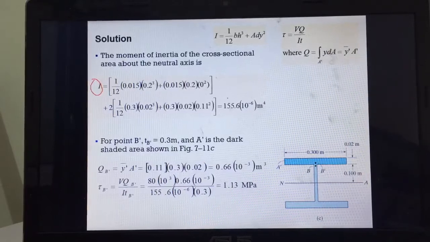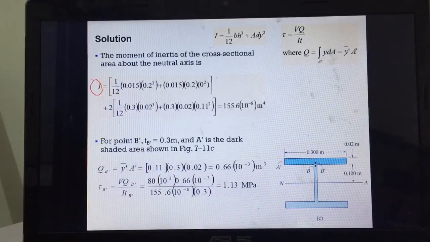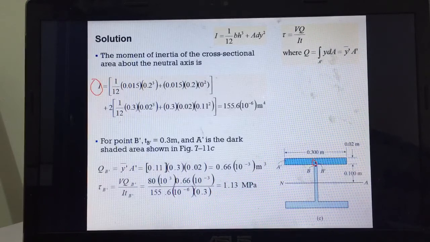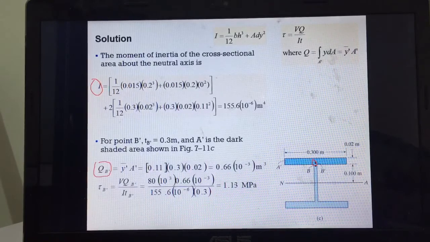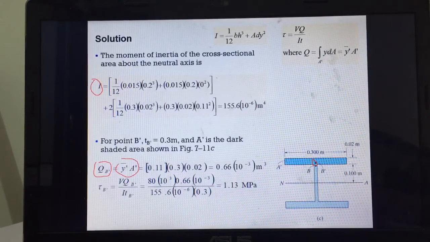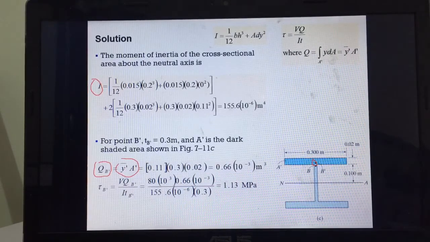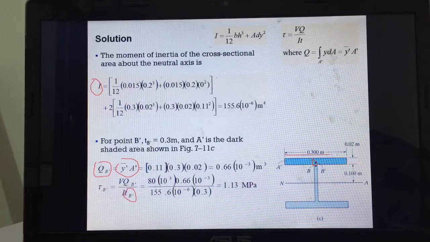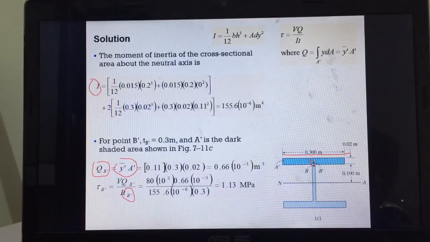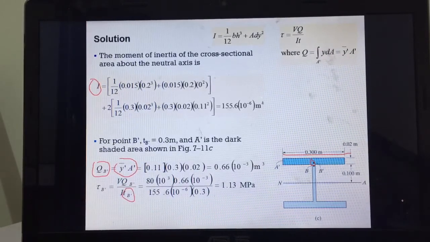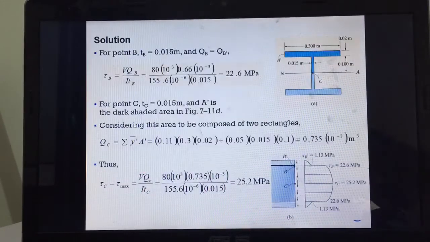If you want to find the shear stress at point B prime, for instance this point, you have to find this Q, y bar prime A prime, and look at how it is calculated, and then you can use the formula. And the t, the cross-sectional thickness: because point B prime is in the top flange, the thickness is 0.3 meter, right?